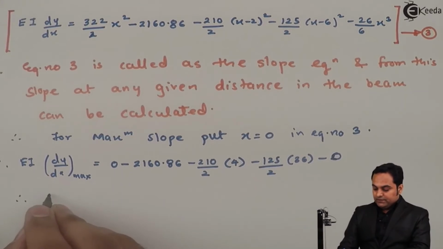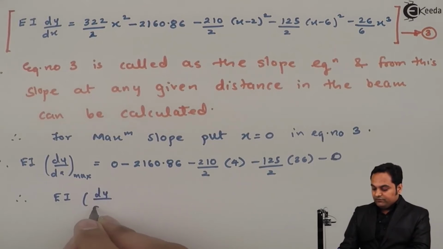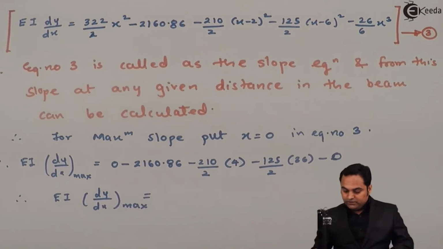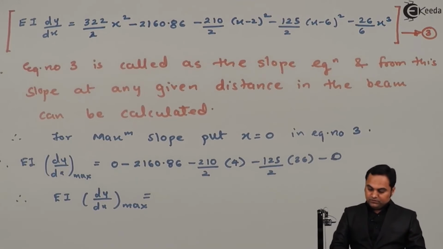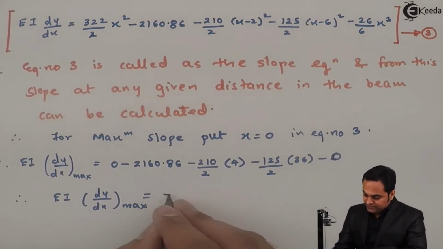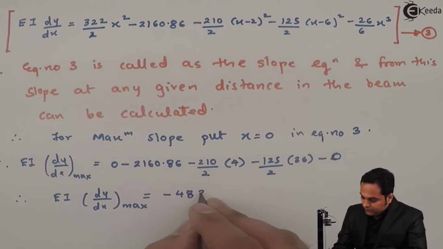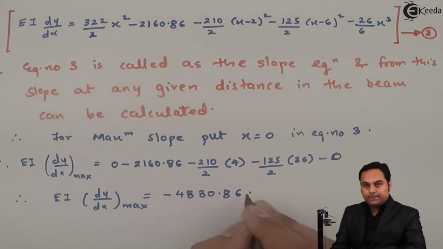So here I'll get the value of the maximum slope as minus 4830.86.